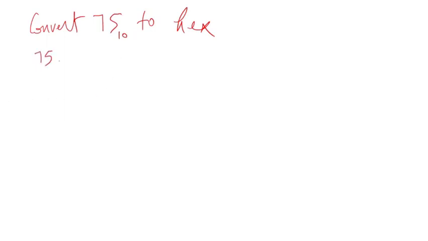So I'll convert it to base 2 or binary, then group them in four bits starting from the right to convert to hexa. So 75 divided by 2 is 37, remainder is 1. This is the least significant bit.